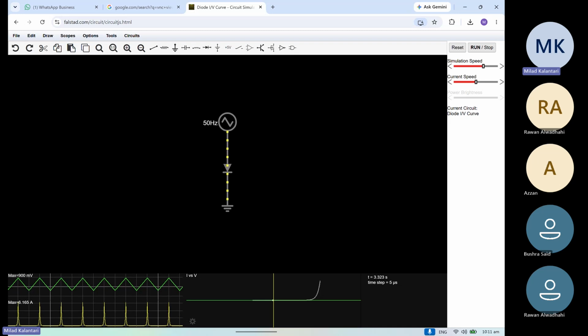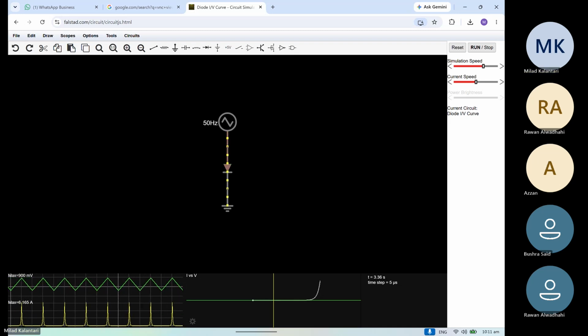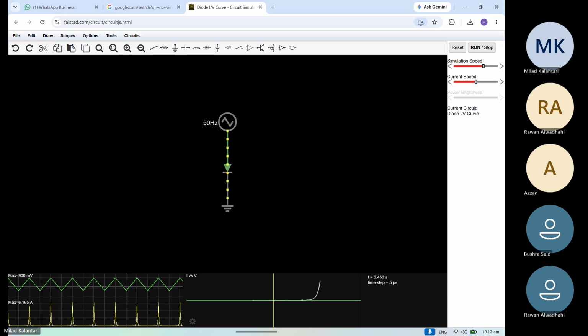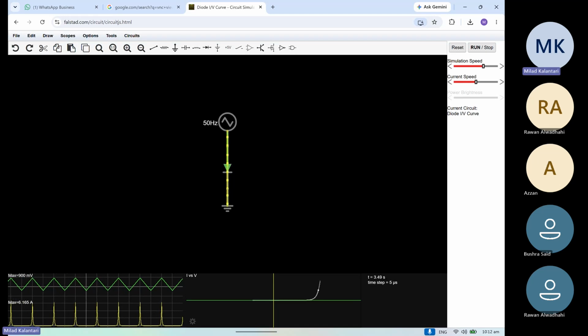So in the simulation, when we want to see this kind of IV curve, we usually need to make this kind of setup, a sweeping ramp, so that we can plot all of the points of the DC IV curve, right?